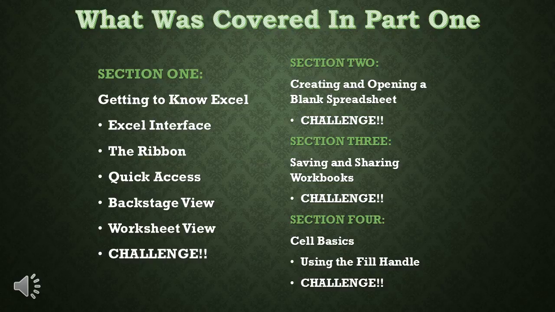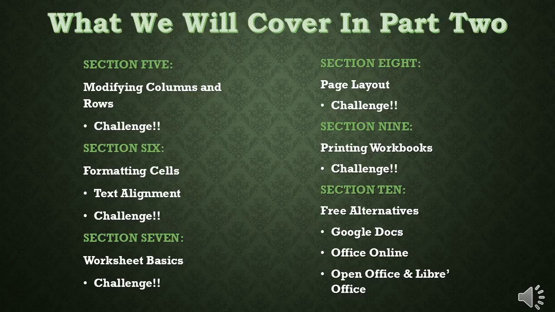This way you'll be right up to date where you need to be with what we're going to be covering in part 2. This is what we're going to be covering today in part 2. We're going to talk about modifying columns and rows. We're going to be doing formatting of cells, text alignment. We're going to do worksheet basics, the page layout, printing workbooks, and free alternatives. If you took part 1, then you already knew what you were looking for when you came into part 2. But if not, here's just a little refresher to remind you of what we're going to be discussing today.